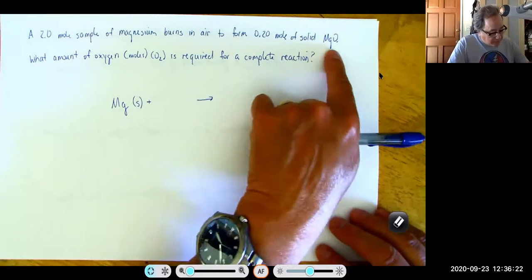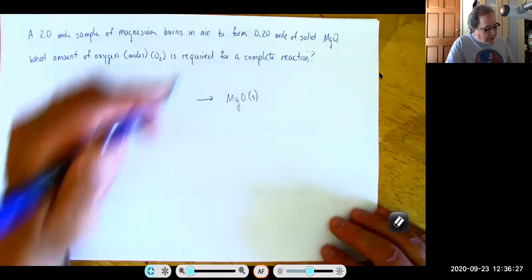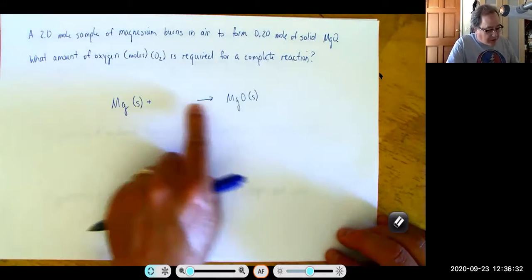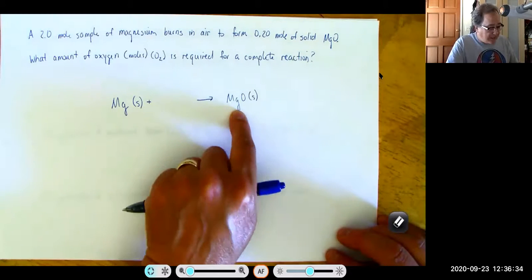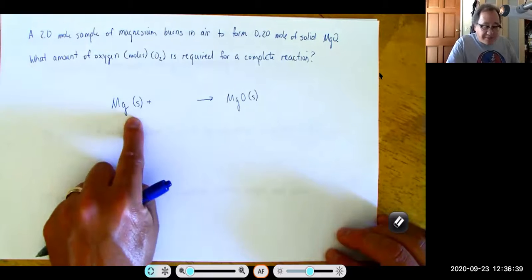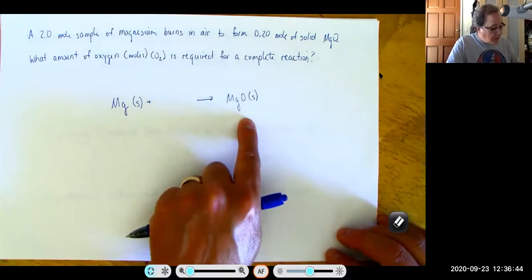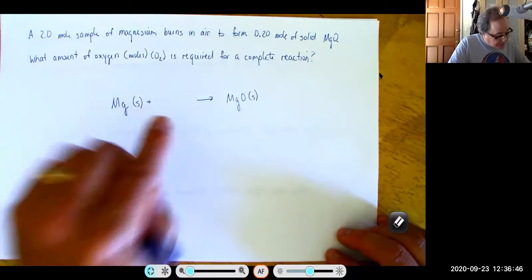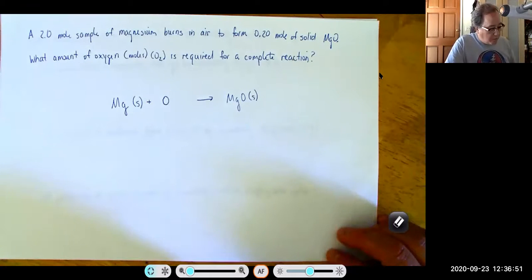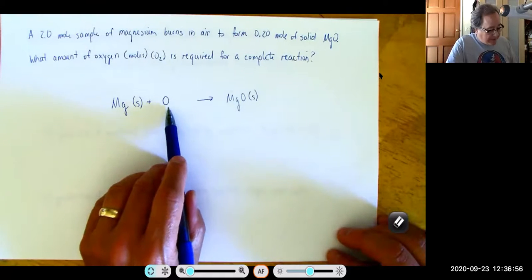solid MgO. So if we have to ask ourselves the question, what does this have to react with to make MgO? It becomes very simple. In balanced reactions, the types of elements on the left have to be the same type of elements on the right. And here, since we have an oxygen on the right, we better have oxygen on the left. So if we put this in here, that would help. Now, we need to complete this. This is not a metal like magnesium.